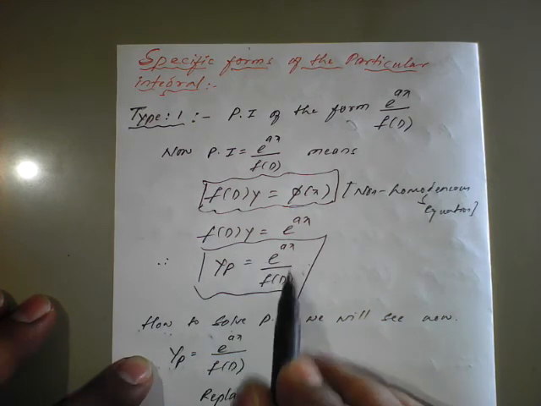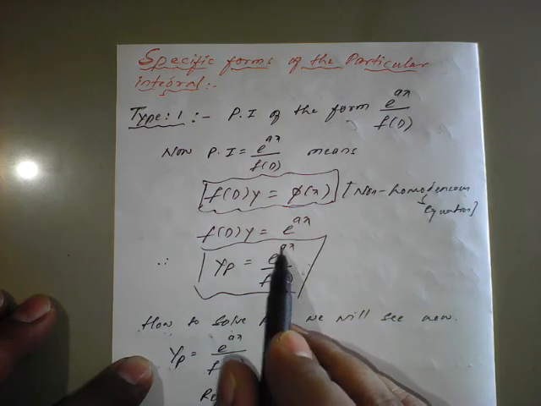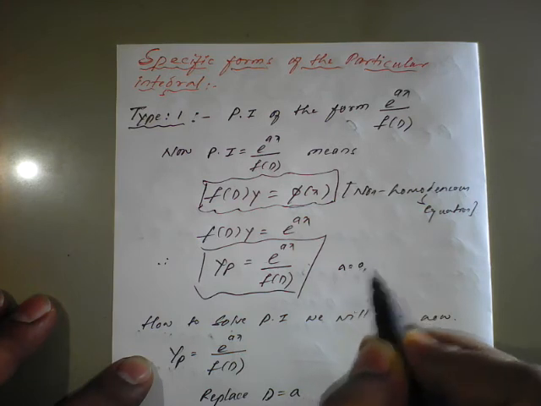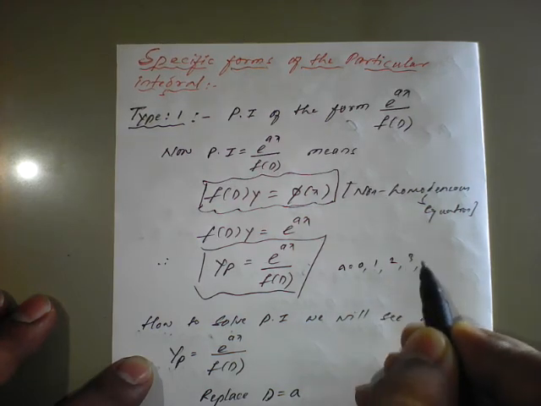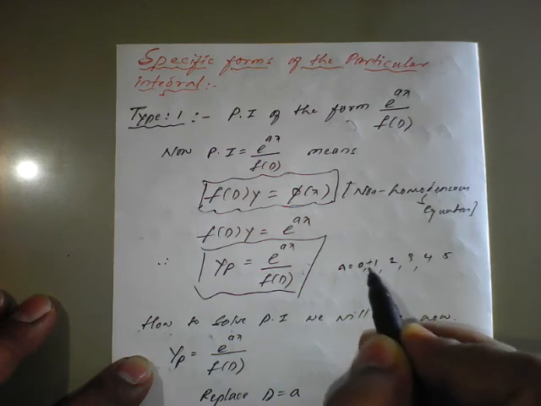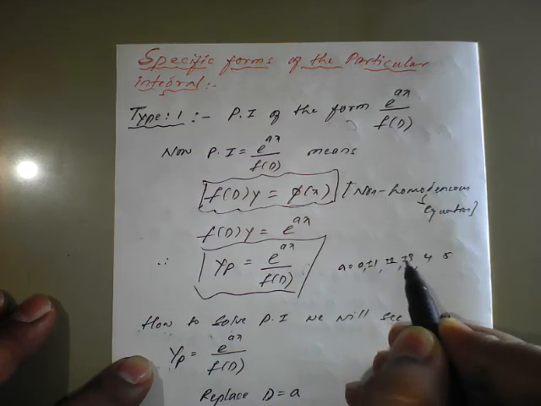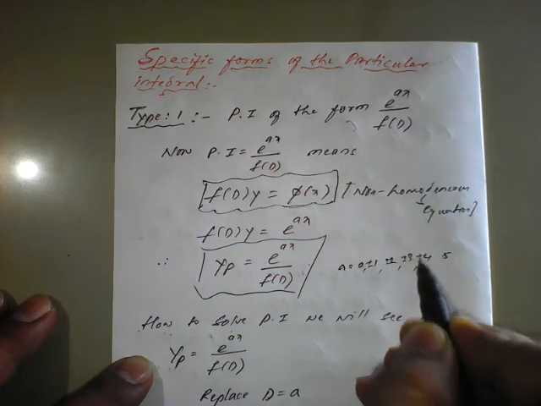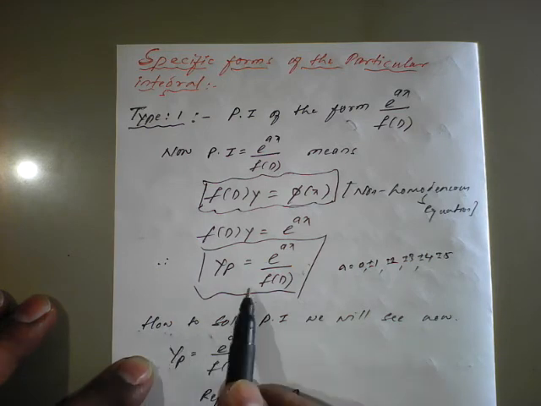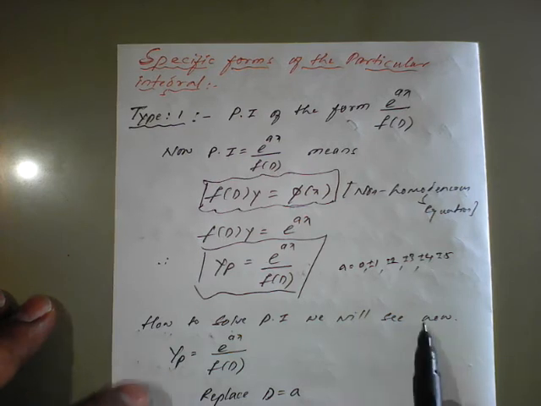This is type number 1. In e raised to ax, this a can take any number: 0, 1, 2, 3, 4, 5, with plus or minus, either plus 3 or minus 3, plus 4 or minus 4, anything. Now we will see how to solve such a yp.